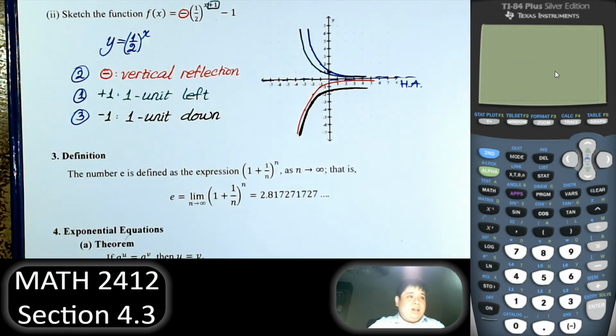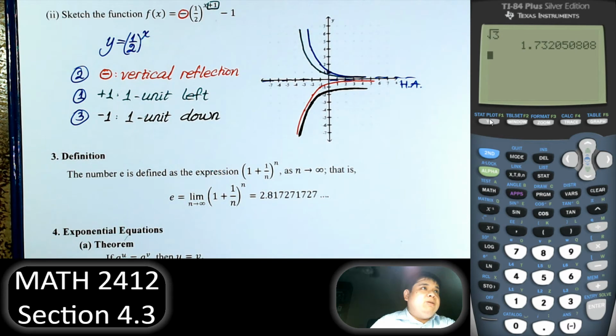So it will be that. Of course, we can confirm this with the graph. Negative 1/2 or 0.5 to the x plus 1, and then minus 1.